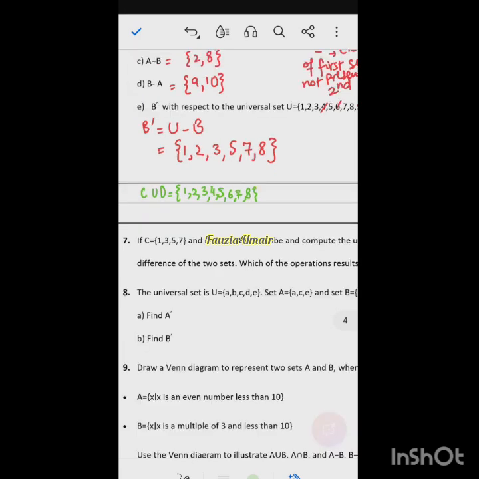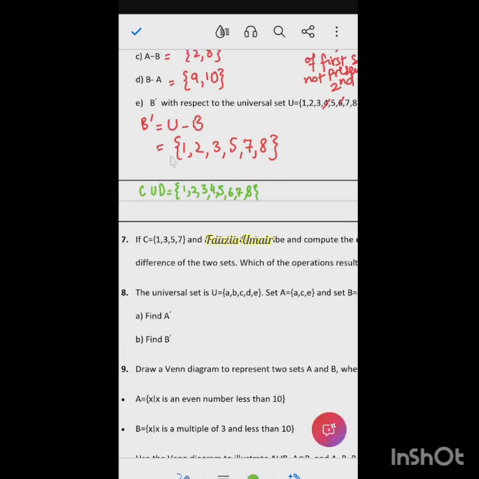In a set, order does not matter while writing the elements. So this is the set. Now what would be C intersection D? It's a null set. There is no element. These are the odd numbers and D contains even numbers, right? So you will say it's an empty set.